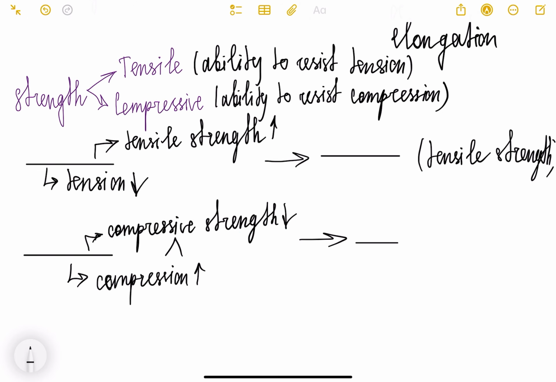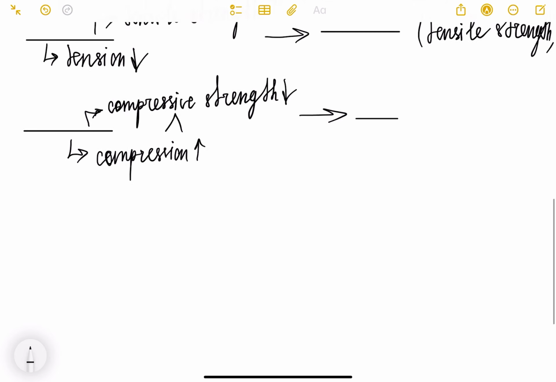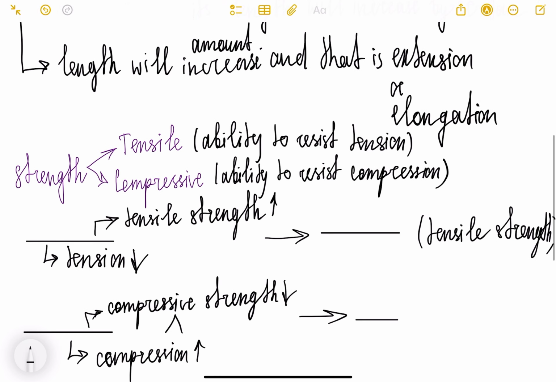And according to the slide, it says that the performance of materials in tension, as their tensile strength is usually lower than their compressive strength. And mostly, tensile strength is lower than compressive strength, so it will be like this.